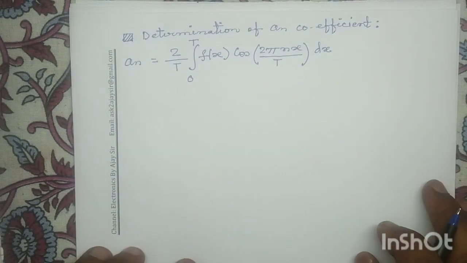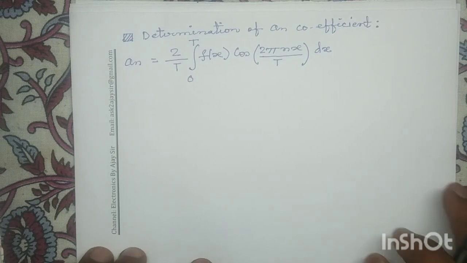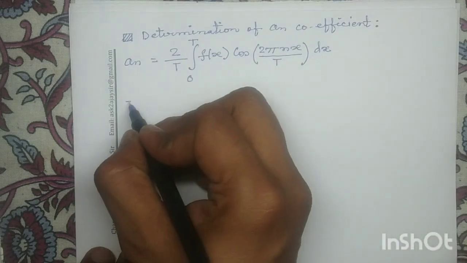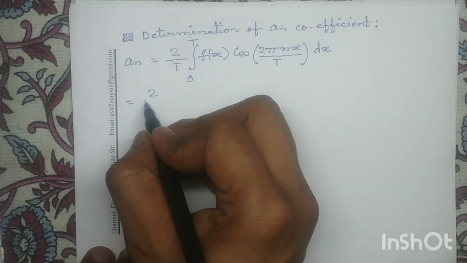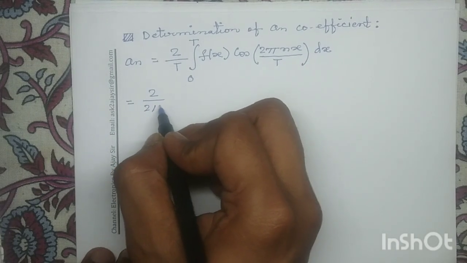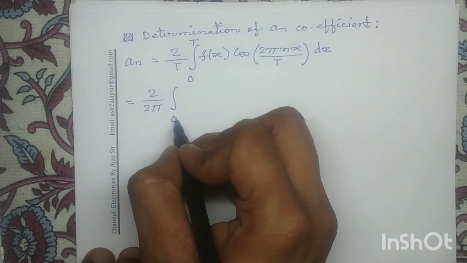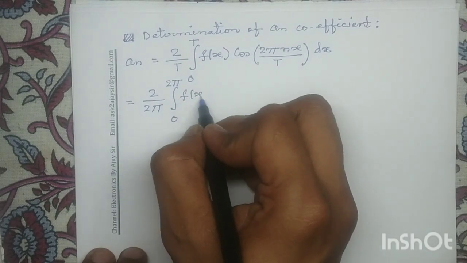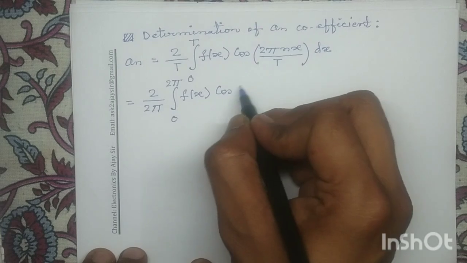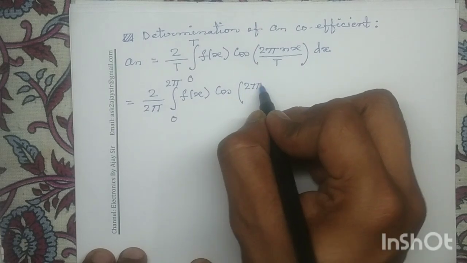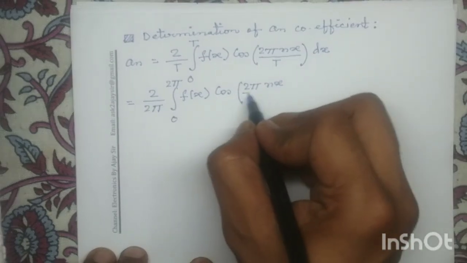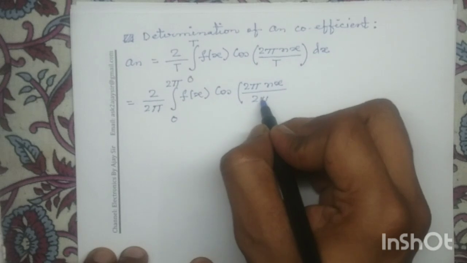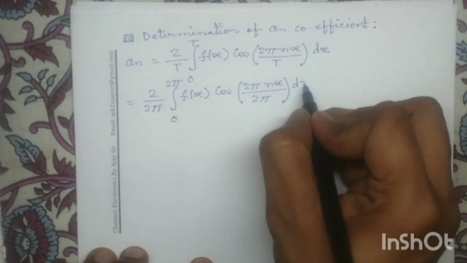First we will substitute the value of T, that is the time period, which is equal to 2 pi in this question. So it becomes 2 by 2 pi integration 0 to 2 pi f of x cos 2 pi nx by 2 pi into dx.